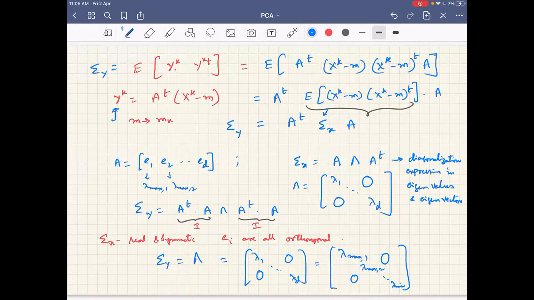After transformation through principal component analysis, each of the dimensions of this feature vector yk is not correlated, whereas in xk, the dimensions of the features may be correlated. So it is diagonal, uncorrelated.